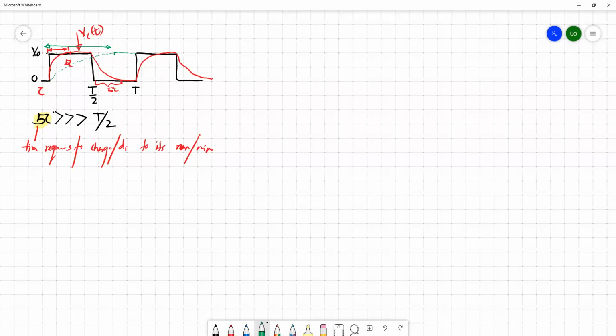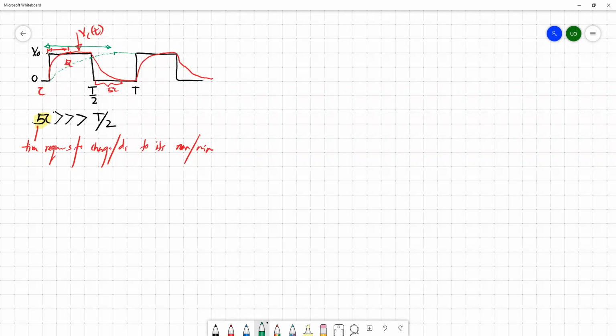But at this point, we remove the source from the circuit. Then the capacitor doesn't have any external source to charge it to V naught. It plans to charge to V naught, but in the middle of the process we remove the external source, so the charging process stops at that particular time.